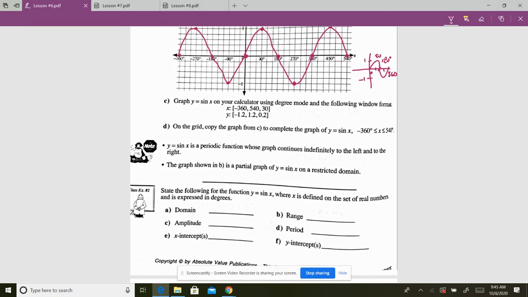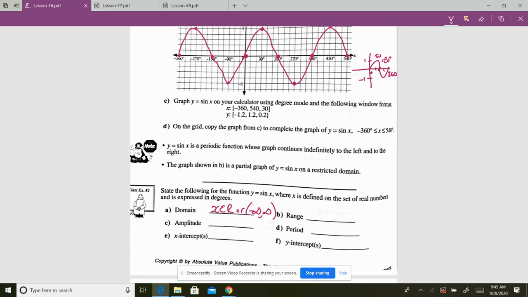Okay. The domain of a sine graph. Are there any domain restrictions? No, there's no square root and there's no 1 over x or anything like that. So that means it's x is an element of all real numbers, or negative infinity to positive infinity.